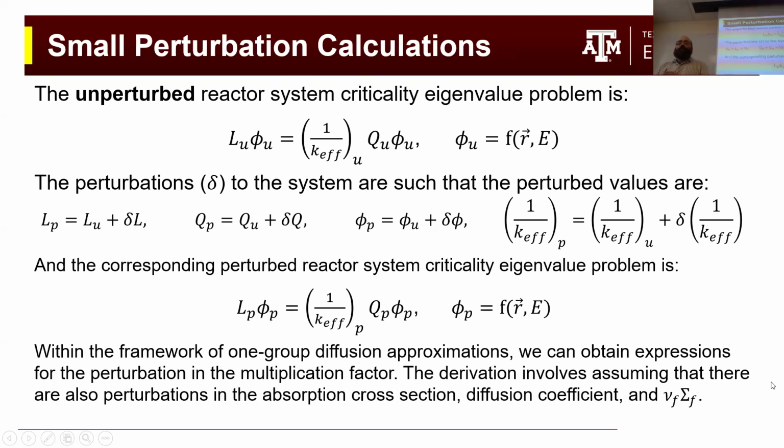Then we could go through a process where we write the one group diffusion equation and assume perturbations in things like the absorption cross section and the value of nu F sigma F. If we go through that process, I'm going to skip the derivation, and it's not part of the homework, so it's not a derivation for the exam.